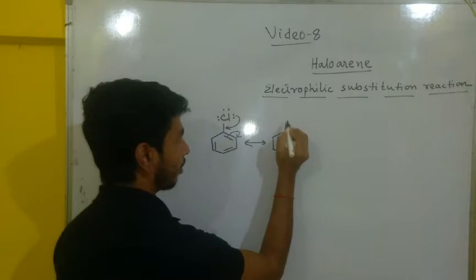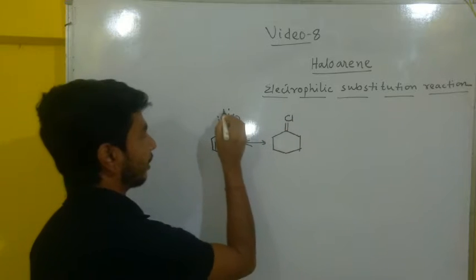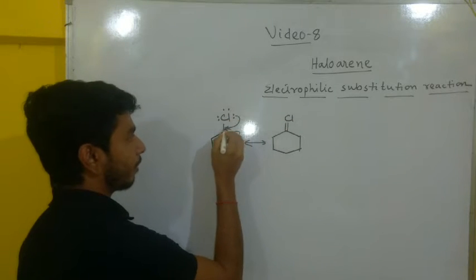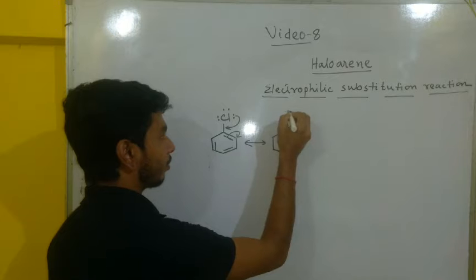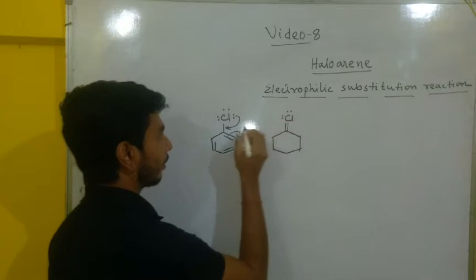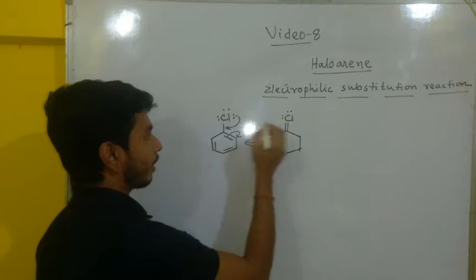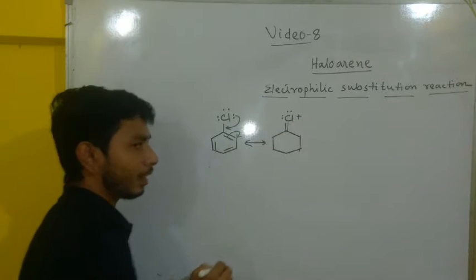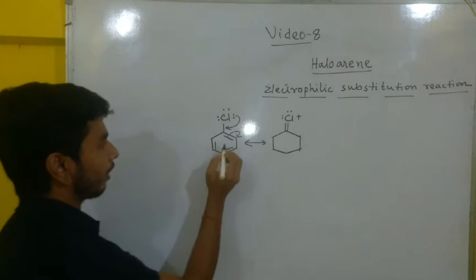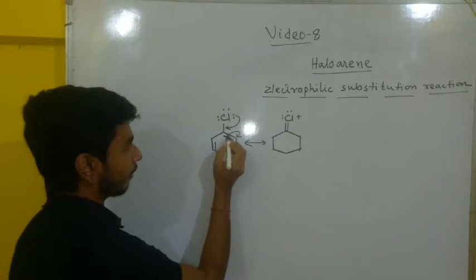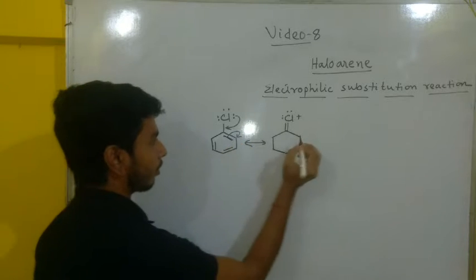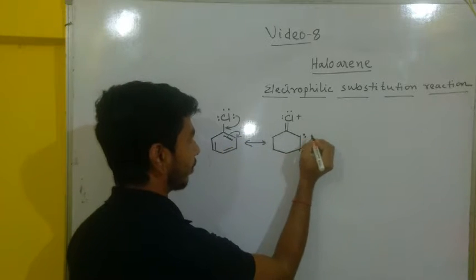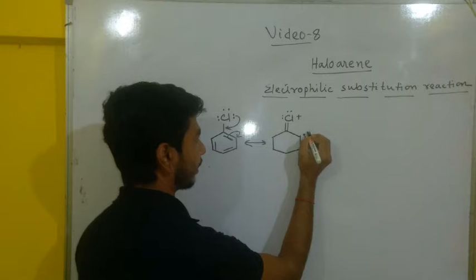So double bond to Cl. Of the 3 lone pairs, 1 lone pair is shifted to the bond, so now there are 2 lone pairs. Since the lone pair is donating, Cl becomes positively charged. Now this bond pair is shifted to the next carbon atom, so in this carbon atom there is a lone pair and a negative charge.